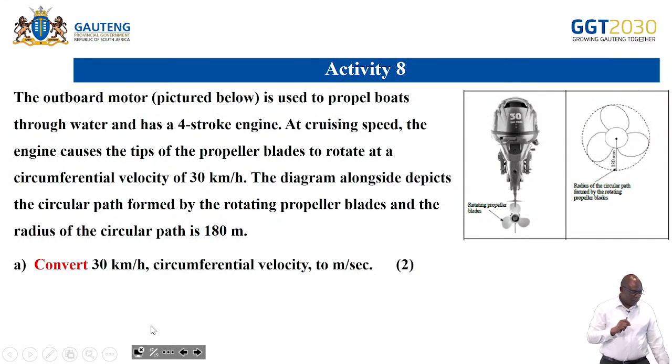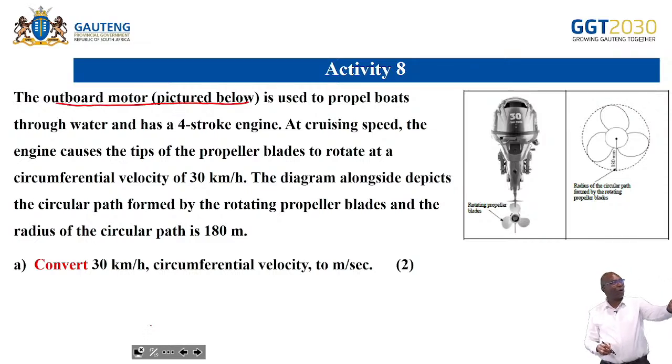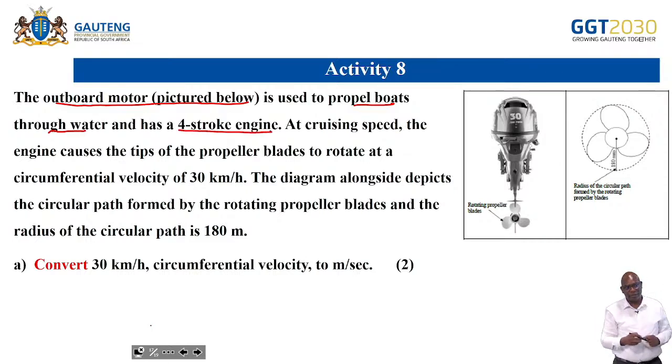here is a very nice question. Now it says an outboard motor pictured below. There is the picture of the outboard motor. It's used to propel boats through the water and has a 4-stroke engine.